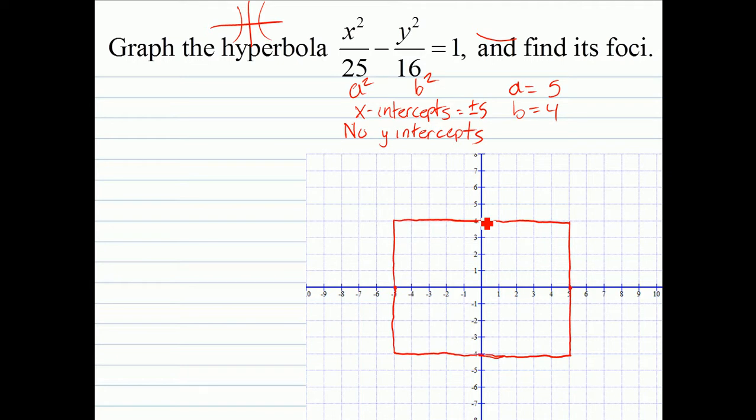Now this is our no man's land. So we can't use anything inside of there. Now, also from here, we can actually find our y-intercepts. Well, no, not our y-intercepts because there are no y-intercepts. But we can find out what our asymptotes are.